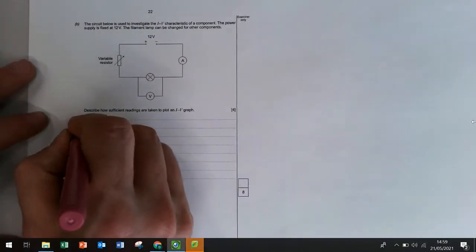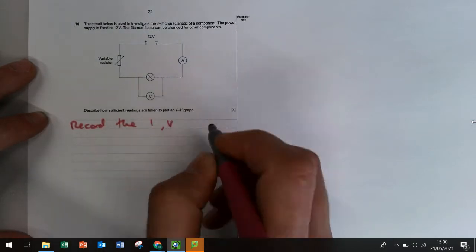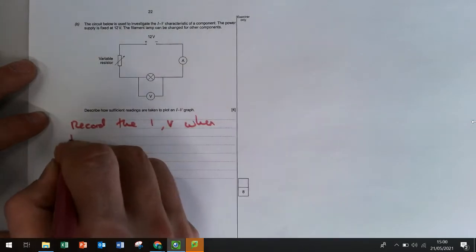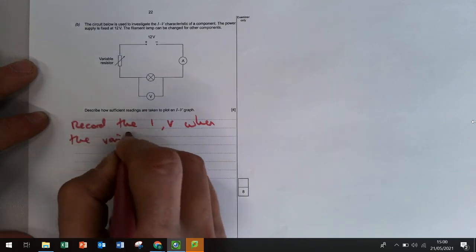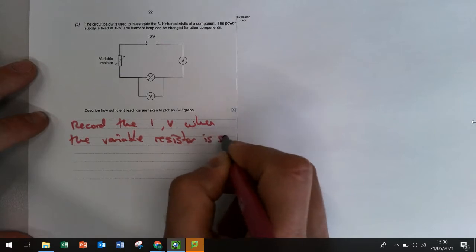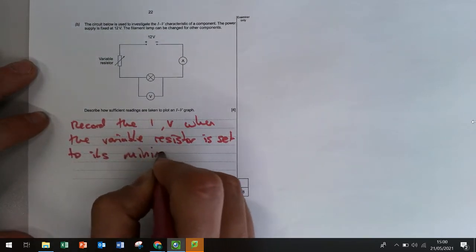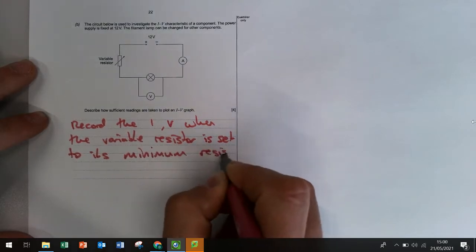So we would say something like record the current and the voltage when the variable resistor is set to its minimum resistance.